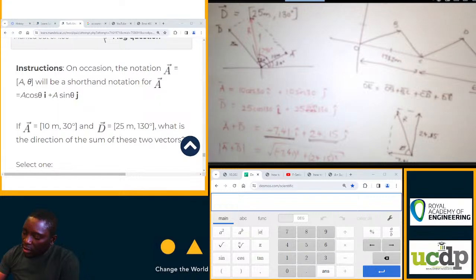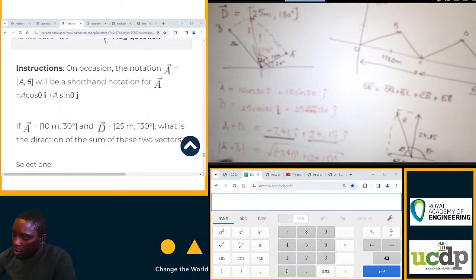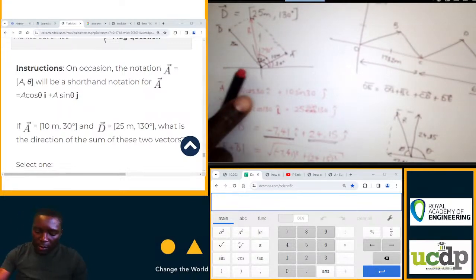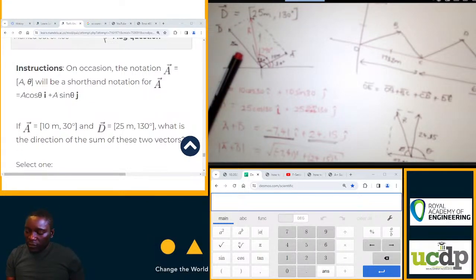So we find this phi, we use the value of phi to find theta, right? So phi will be arctan, actually there's a negative there. So arctan 24.15 over negative 7.41.